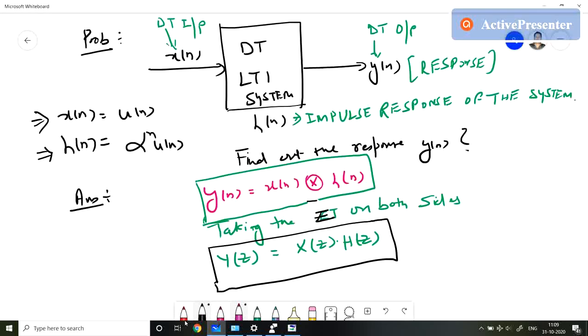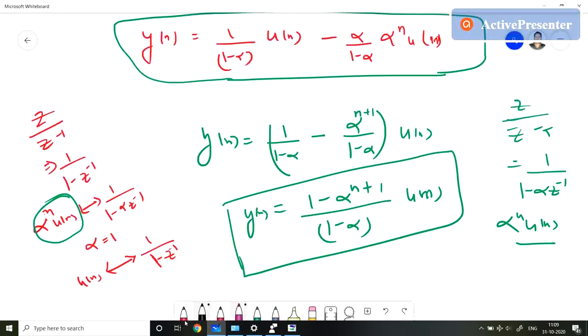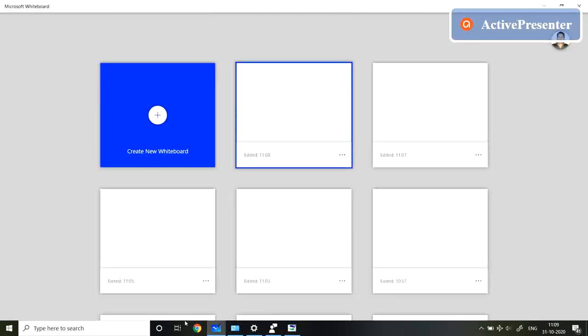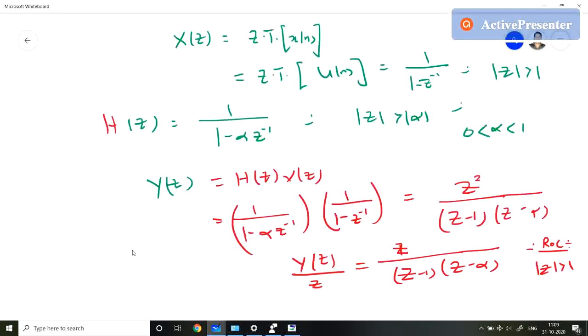The z transform of x[n], that is u[n], is 1 divided by 1 minus z inverse, and the z transform of alpha raised to the power n u[n] is 1 divided by 1 minus alpha z inverse.